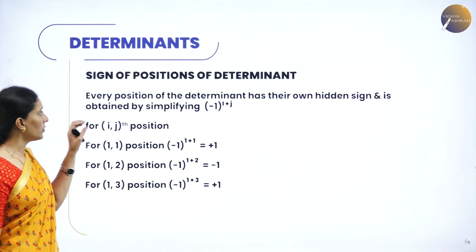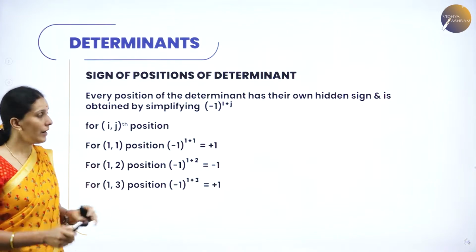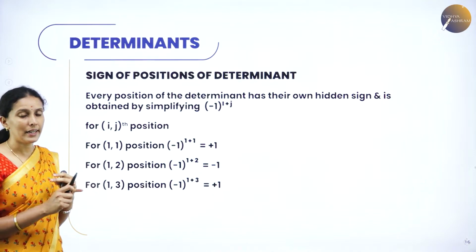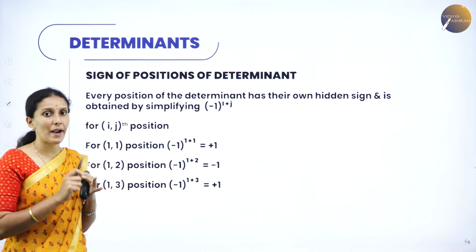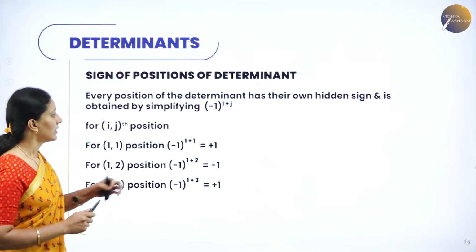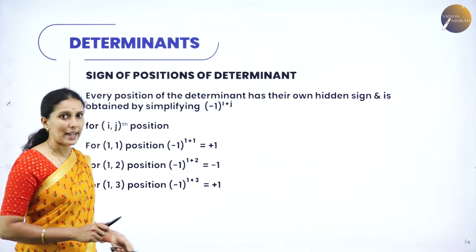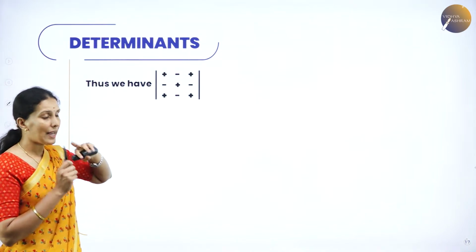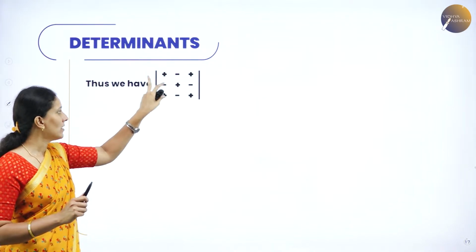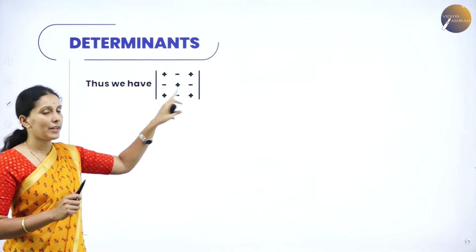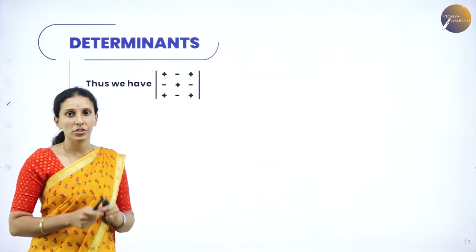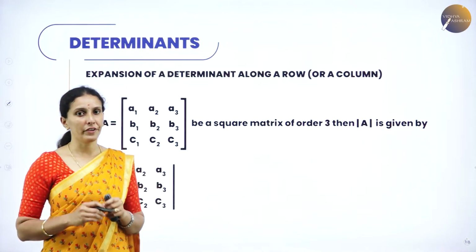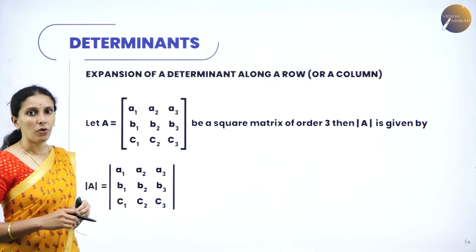Thus, to expand the value of the determinant, every position has a certain sign which has to be considered in evaluating or expanding the determinant. Thus, the determinant has the sign plus minus plus, minus plus minus, plus minus plus according to its row number as well as column number. Next is expansion of a determinant along a row or a column.